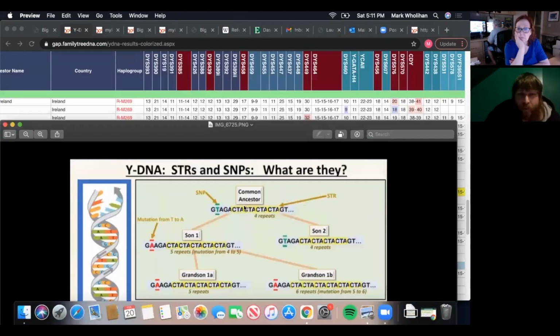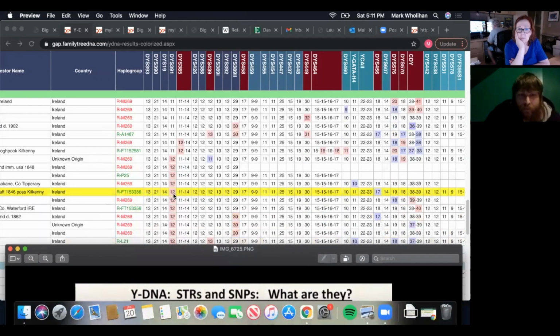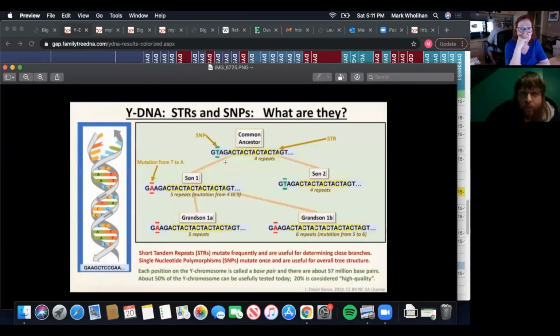So you can imagine right here you have 12 repeats at DYS391, so CTA 12 times. That's what it is right there. A SNP is not in one of those repeat sequences. A SNP is outside of those repeat sequences.